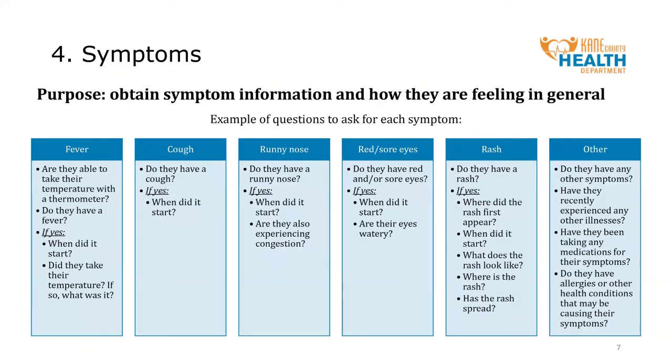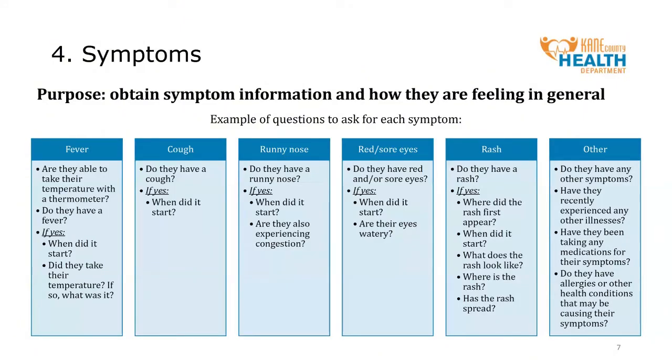If they report other symptoms, you'll want to ask when those started as well, and may have additional questions specific to each symptom. For example, if the contact reports that they have a rash, you'll want to collect information on where the rash first appeared, what it looks like, where it is now, and if it has spread from where it started.